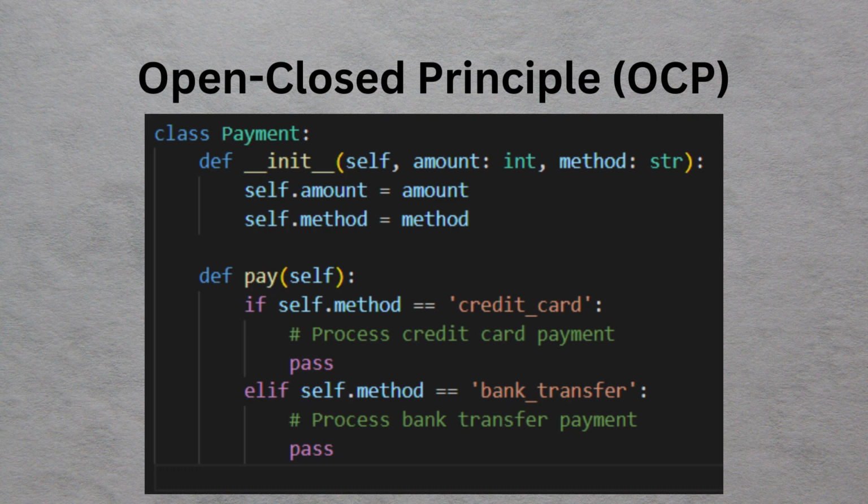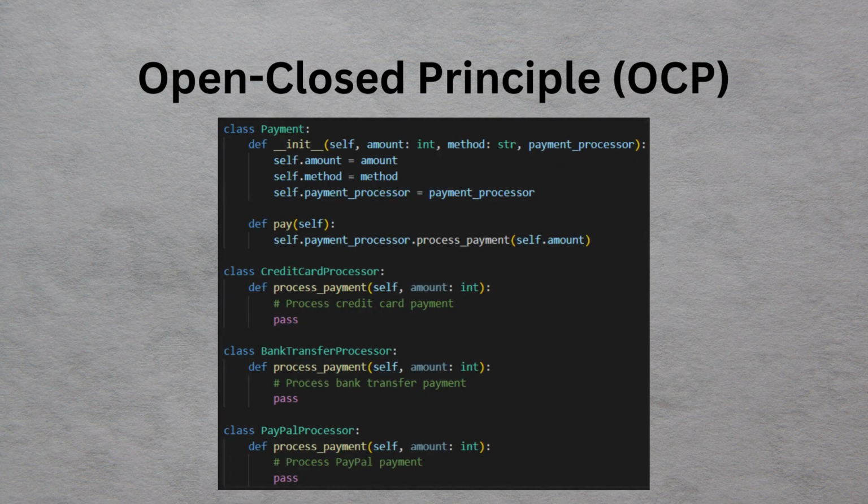To adhere to the OCP, we can use the strategy pattern to encapsulate the payment methods into separate classes. In this example, we've created separate classes for each payment method, and we've encapsulated the payment processing logic into each class. We've also introduced a payment_processor parameter in the Payment class constructor, which allows us to pass in a specific payment processor at runtime.